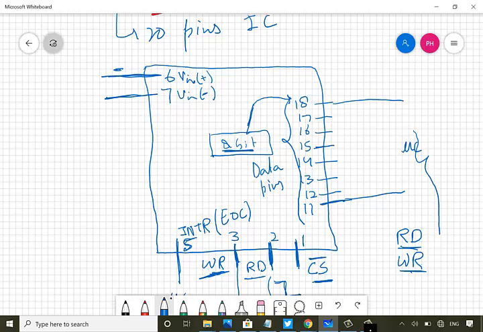These are actually differential analog inputs, where our Vin that will be converted to the digital signal will be equal to Vin positive minus Vin negative. And if we have a single input, we can always connect Vin negative to ground. That means whatever voltage comes to Vin positive will actually be converted to the digital signal.